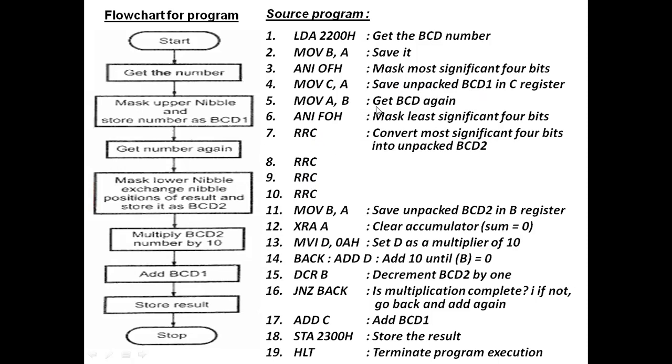Once you get BCD1 and BCD2, you have to adopt a process by which you can do the multiplication of 7 with the BCD2 value, and then we are going to add the converted BCD2 into BCD1 by using ADD C. And so we are getting the result in the accumulator, and the result of the accumulator will be stored in the memory location.